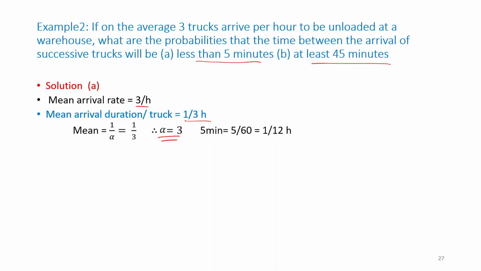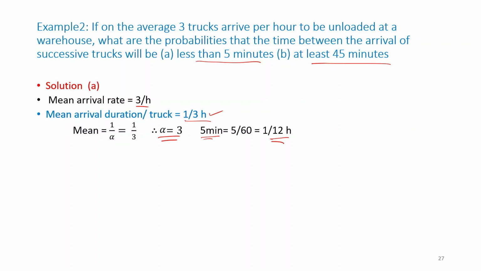Now the mean has been given in terms of which unit? The unit is hour. Therefore, when we calculate the probability that it is less than 5 minutes, we have to change the unit, 5 minutes, to hour.